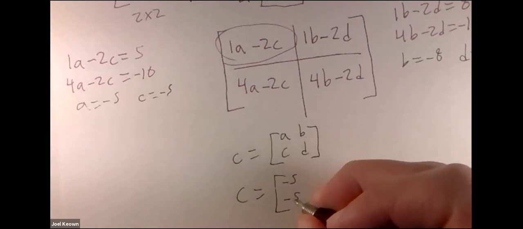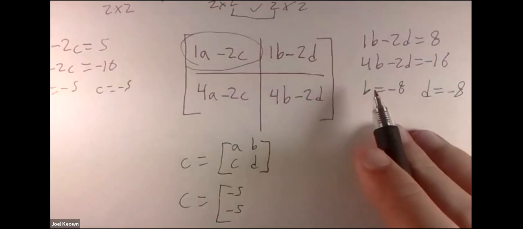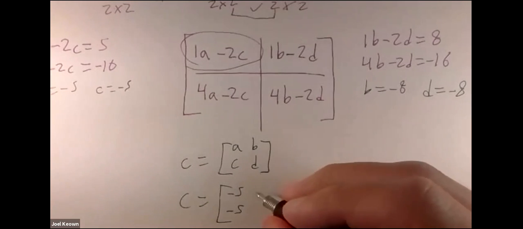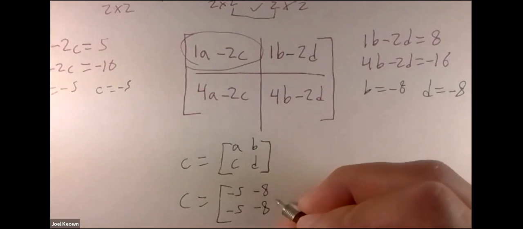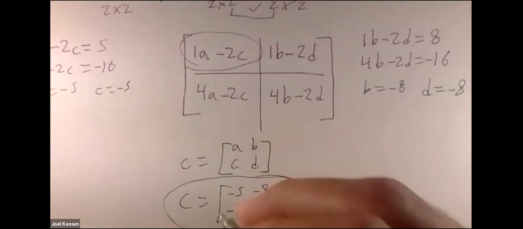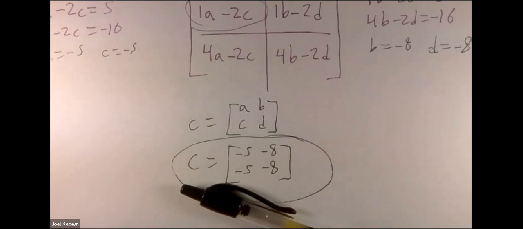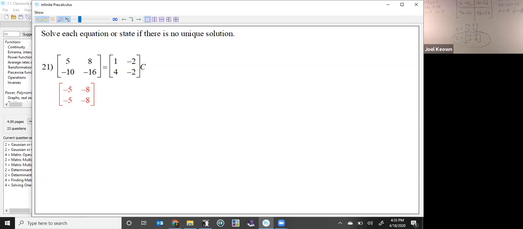B was negative 8, D was negative 8. Let's see how well I did. And there we go. That's our answer.